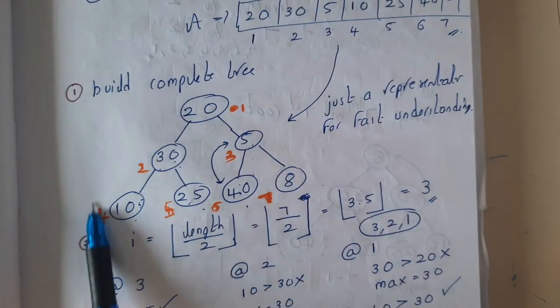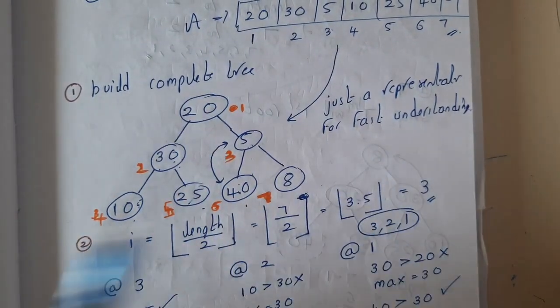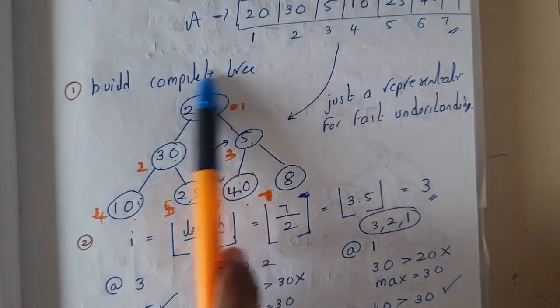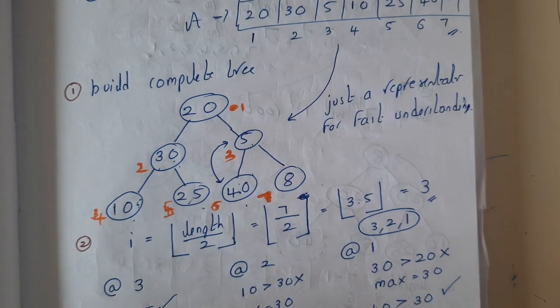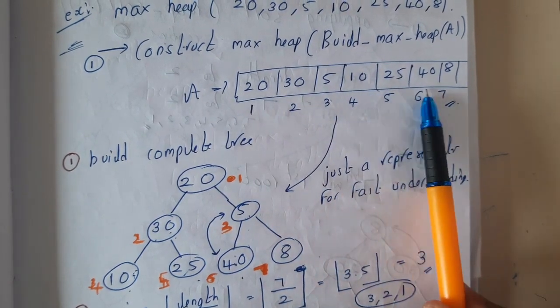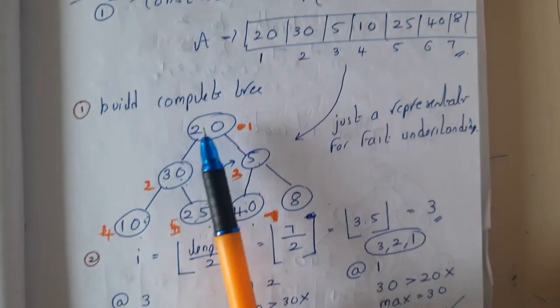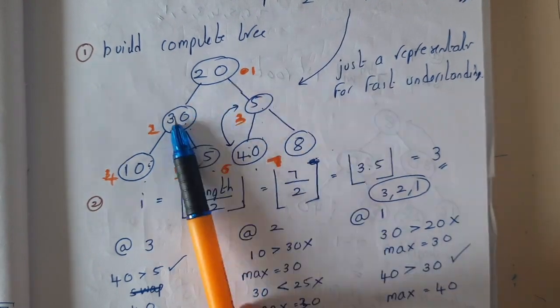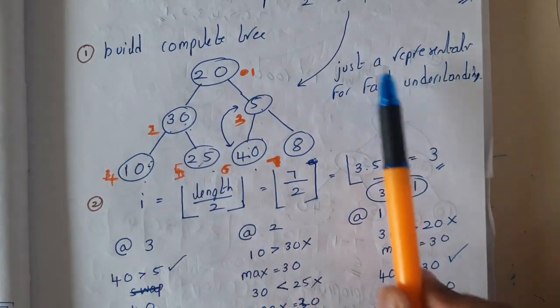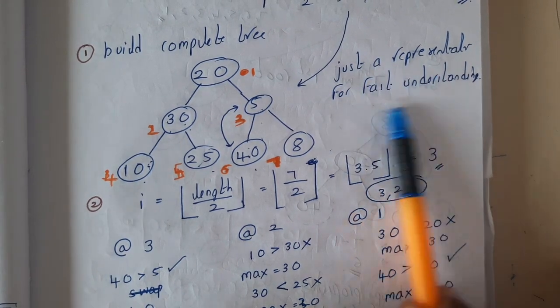There is no concept of graphs inside a system. So just for human understanding and faster understanding, we converted them into trees. So 20, 35, 10, 25, 40, 8. All these are stored here like this: 20, 35, 10, 25, 40, 8. So this is just a representation for faster understanding.